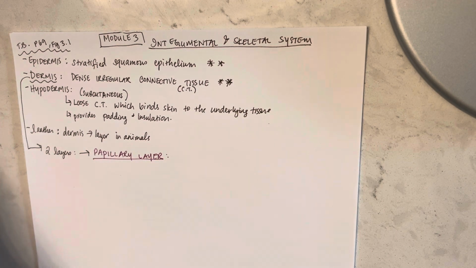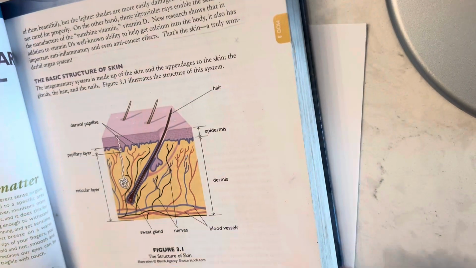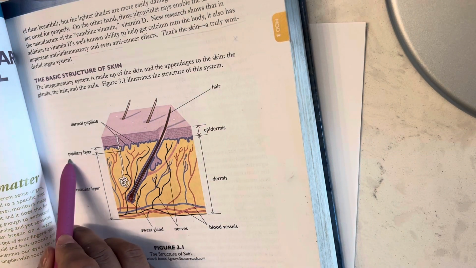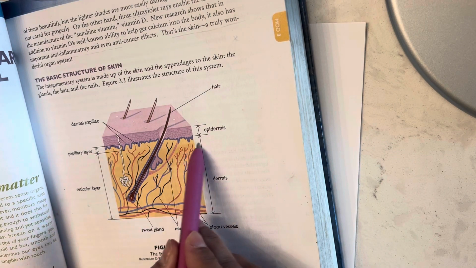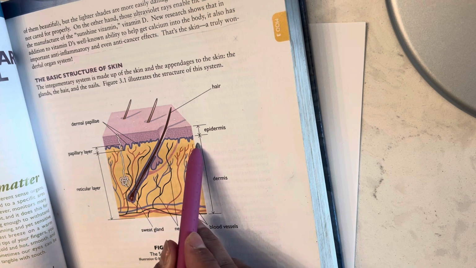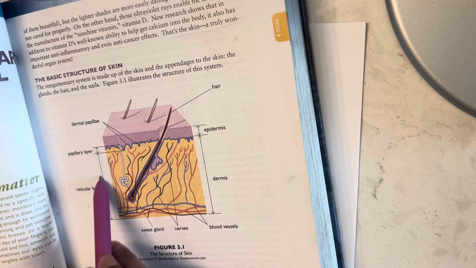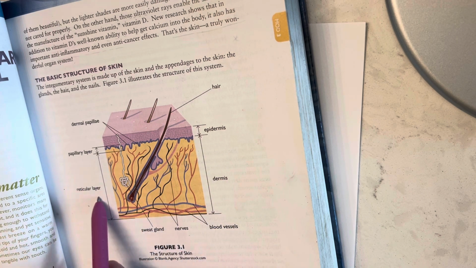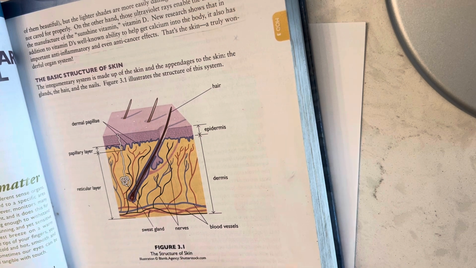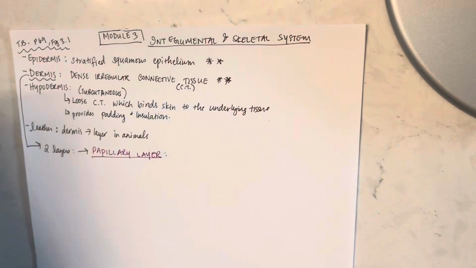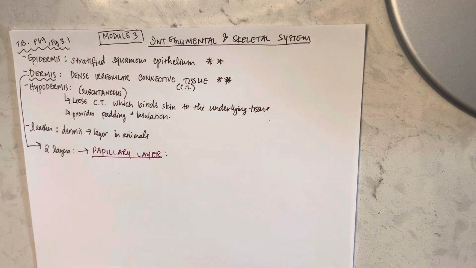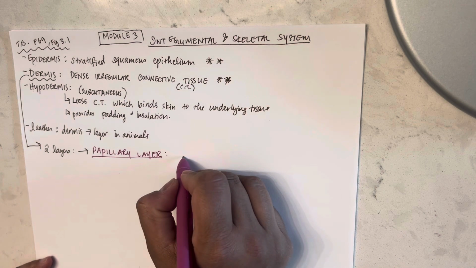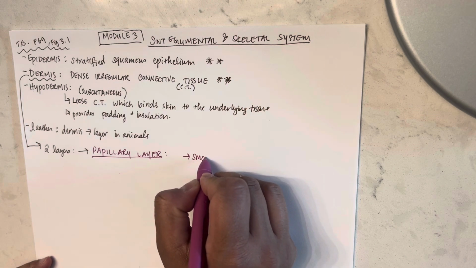Okay, now the papillary layer, like I showed you, is where you see right here, this very thin layer underneath the epidermis, that's the papillary layer, and the remaining part of the dermis is the reticular layer, okay? So, the papillary layer is the smooth side, okay? You need to know this.